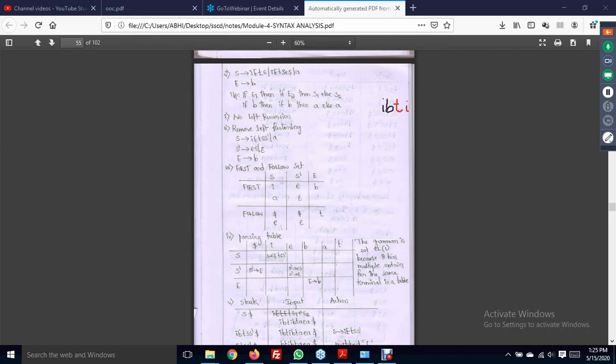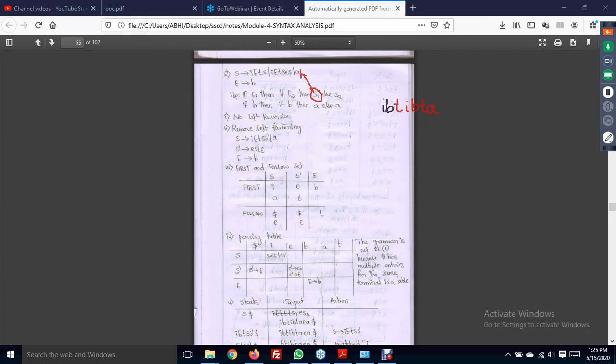So IB, T, IB, then that is T. Again after T I have S1. S1 is straight away giving me a result of A. So consider A. So IB, TIB, TA.